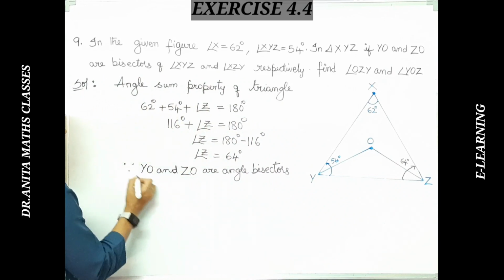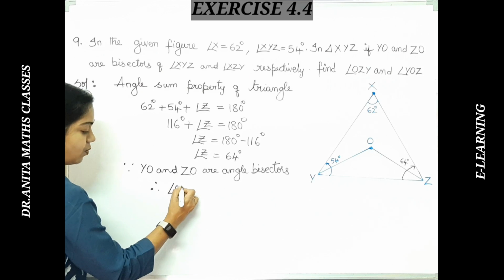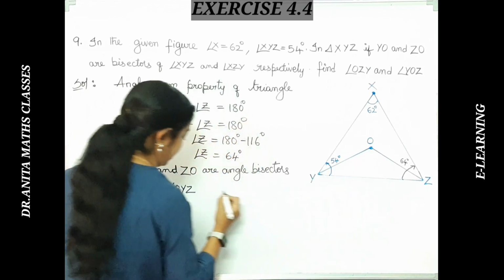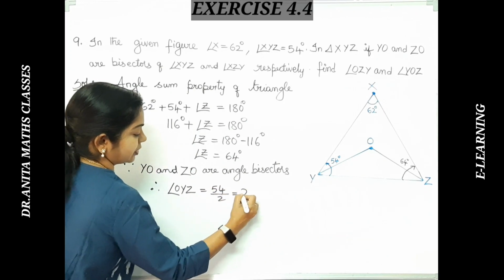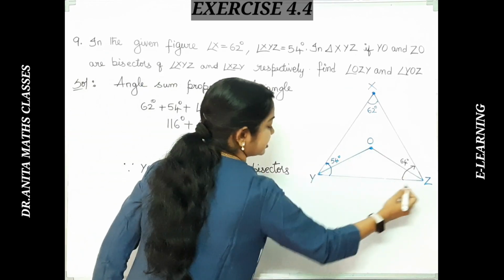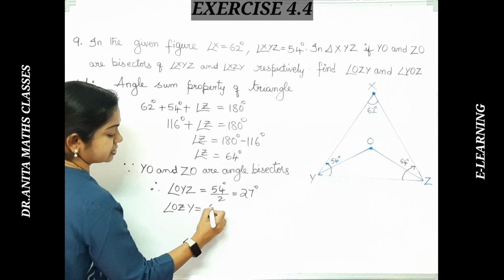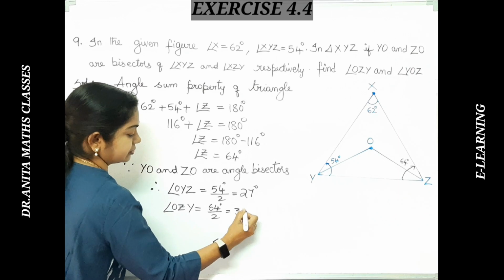So we got angle OYZ equals 54 by 2, that is 27 degrees, and angle OZY equals 64 degrees by 2, equal to 32 degrees.